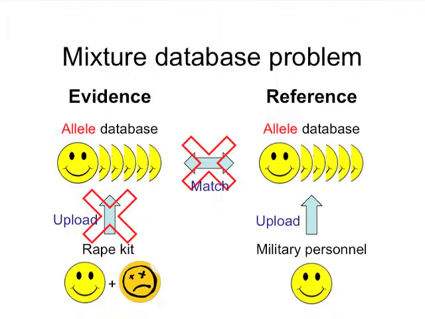You're working with lists of alleles, and there's a problem of false hits. And since you can get false identifications, extending down to the bottom left, the solution for these older allele databases from the 20th century is that the rape kit evidence is not used. It's not uploaded. About 80% of mixture evidence is never uploaded to these types of databases, and so it can't be used to find criminals.